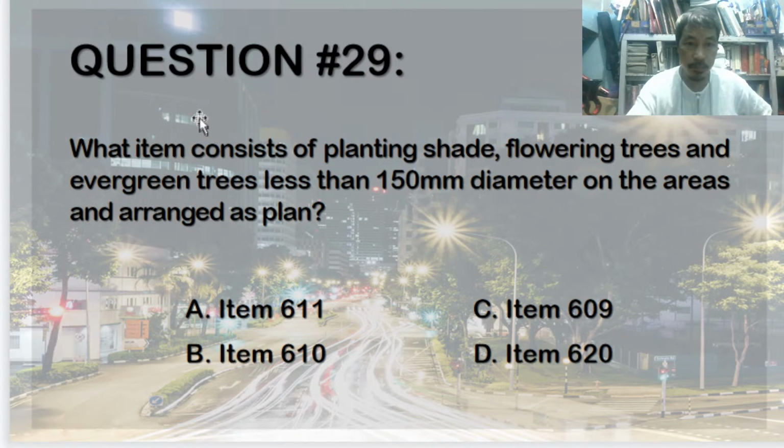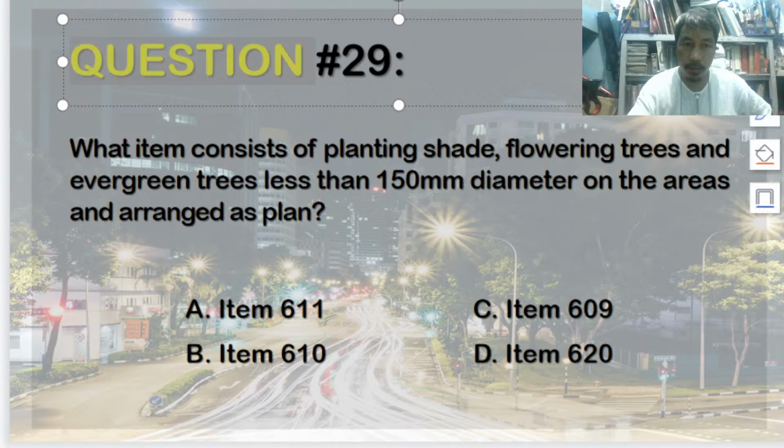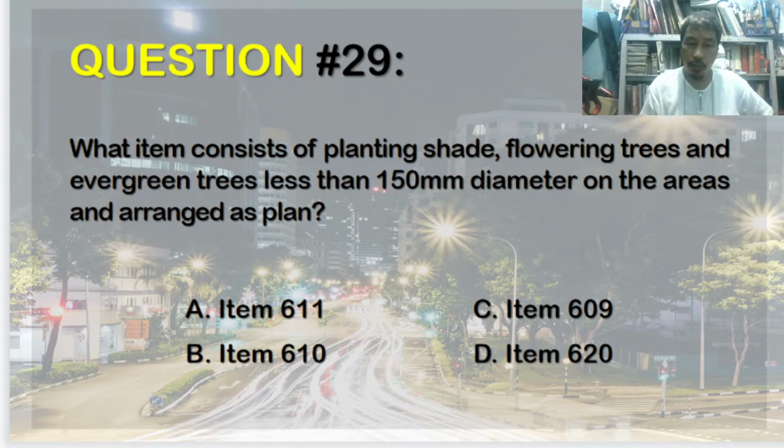And the fifth question for the third batch, number 29. What items consist of planting shade, flowering trees, and evergreen trees less than 150 mm diameter on the areas and arranged as planned?